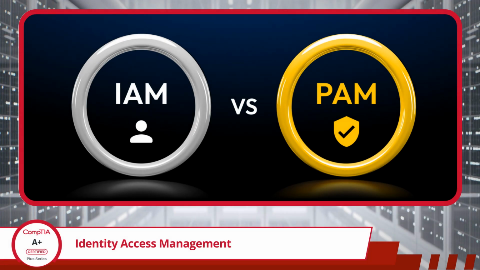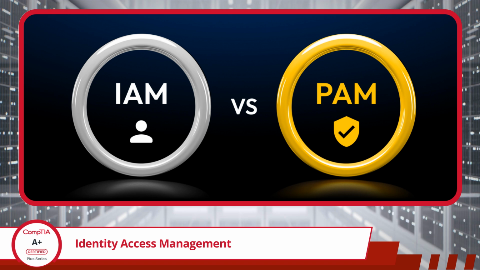At first glance, IAM can feel very similar to some of the concepts we have already covered, especially Privileged Access Management, or PAM. That is because they both deal with controlling access to systems and resources. But this is where the distinction becomes important. IAM focuses on all users and their access across systems, handling identity creation, authentication, and authorization for everyday access.